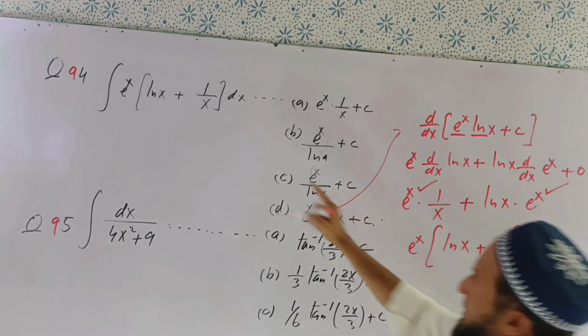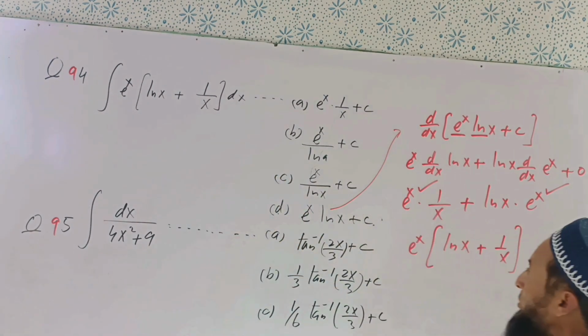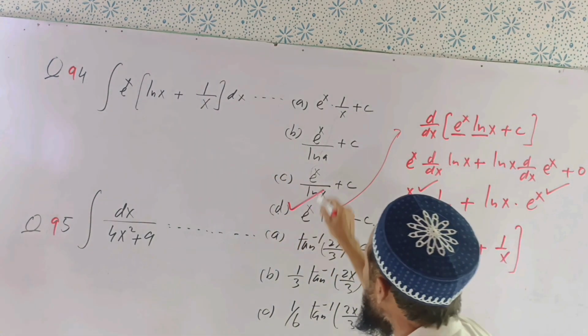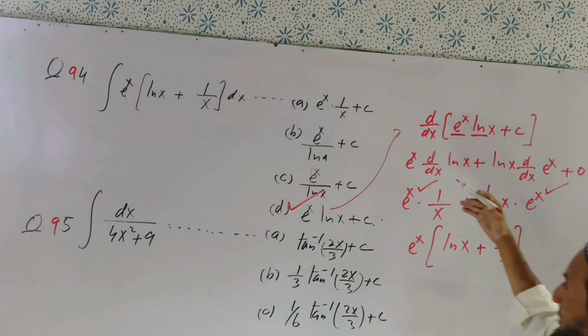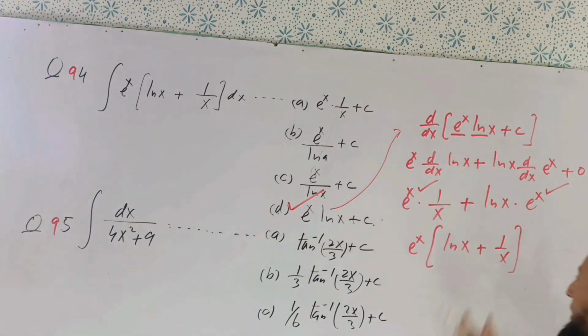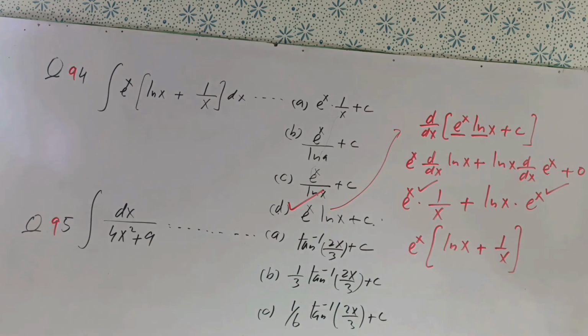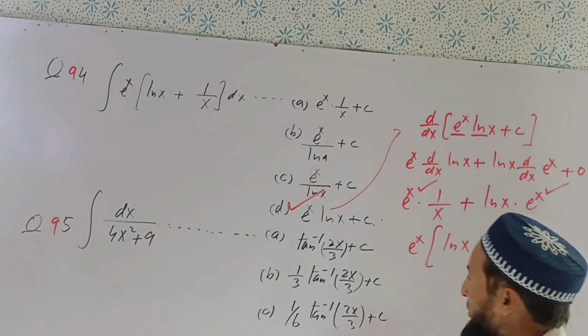This option is given in the options, so option D is the correct option. Integration is the reverse process of the derivative.